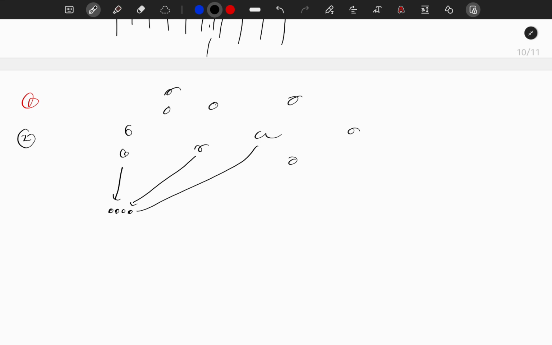Here you can appreciate that there will be certain directions in which it will grow at different speeds.